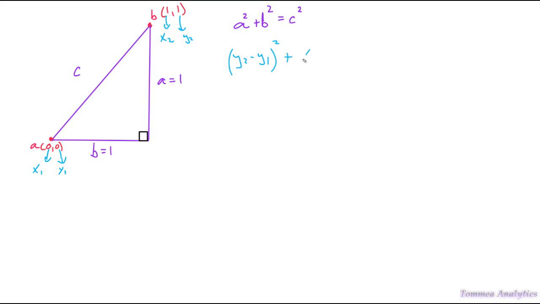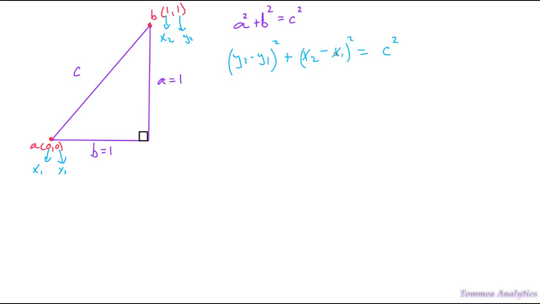So that's going to be x2 minus x1, and that is also squared. And this is going to be equal to c squared. Now we want to solve for c because that is the distance between the points A and B.